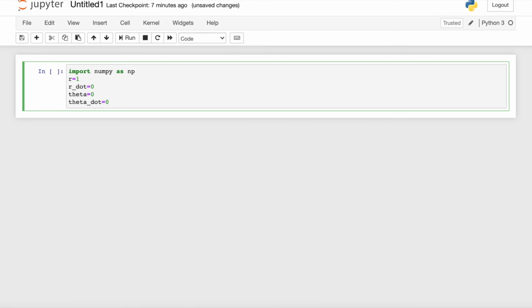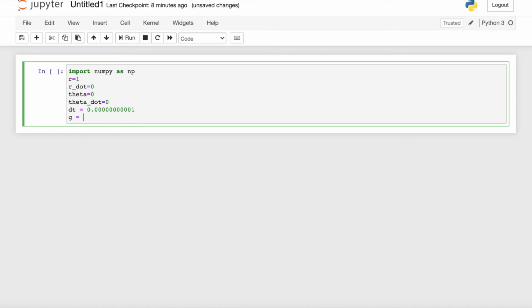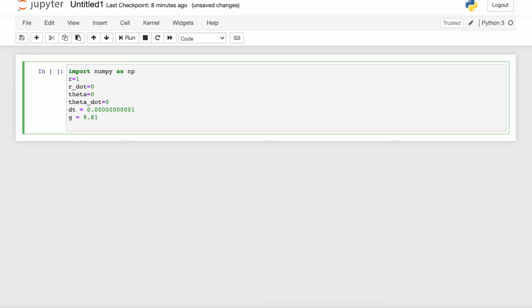Again, it's 0. Now I'm gonna define this little infinitesimal time dt. I'm gonna say it's 0.0000, let's just put a bunch of zeros, it's just something small. And g, the acceleration due to gravity, I'm gonna call it 9.81 instead of 10, because why not?